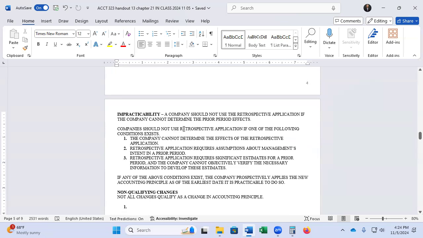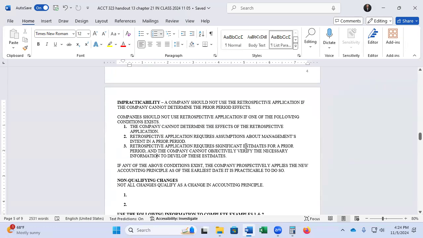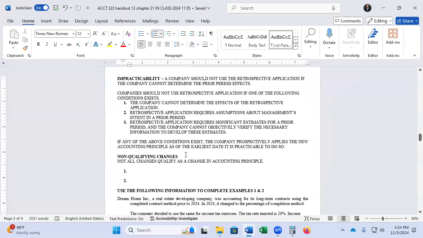Companies should not use this approach if the company cannot determine the effects of the retrospective application. It requires assumptions about management's intent in a prior period, or it requires significant estimates for a prior period, and the company cannot objectively verify the necessary information to develop those estimates.